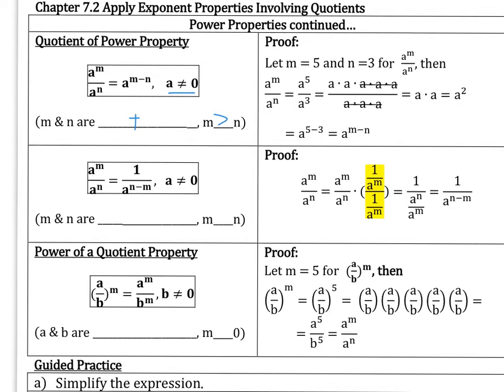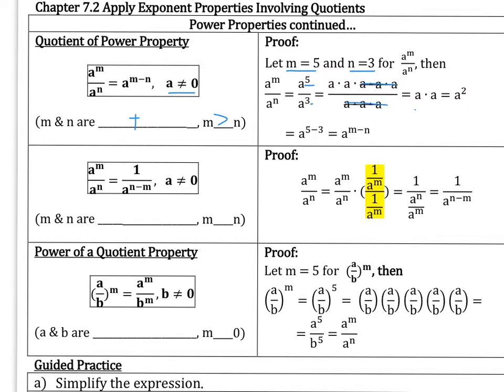I'm going to let m equal 5, n equal 3 for a to the m over a to the n. Then, after we substitute 5 for m and 3 for n, I can factor a to the 5th power by writing a times a times a times a times a, and the same thing goes for a to the 3rd power, a times a times a, and then I can cross out 3 pairs of a's.